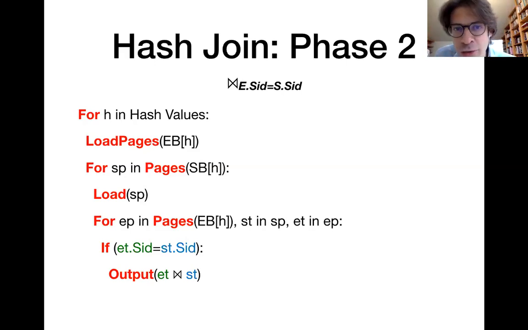So those are two of the join algorithms that we have seen. One question that I sometimes get is about the difference between a hash join and an index nested loop join that uses a hash index. Those are two different things. It's a bit confusing because both are based on hashing, but this hash join doesn't use any pre-existing indexes; it does the hashing itself in the first phase.